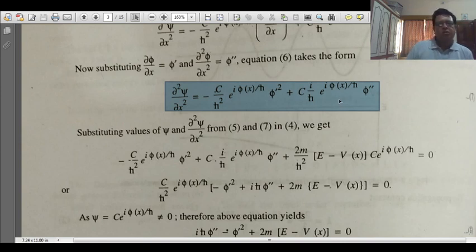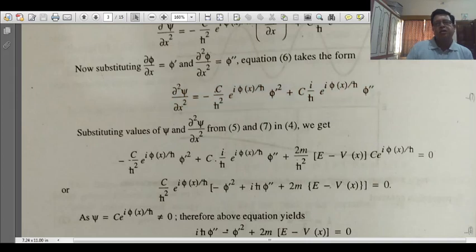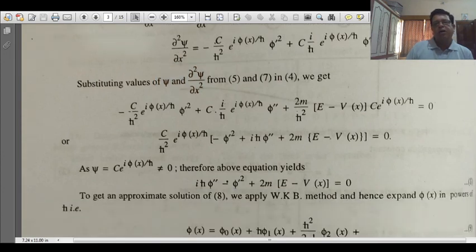Replace psi and psi double dash from equations 5 and 7 into equation 4 and rearrange the equation by taking this constant part outside, with the remaining part as this.